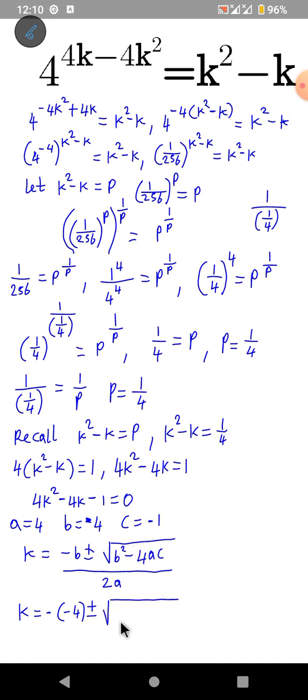Now b square, I'm going to write bracket minus 4 square minus 4 times a is 4, so we say 4 times c is minus 1, all over 2a. That's 2 times a, and a is 4, so 2 times 4 is what? 8. So then we continue again.